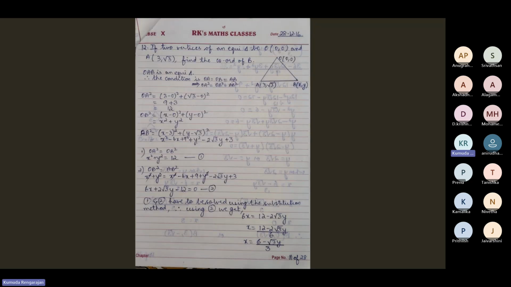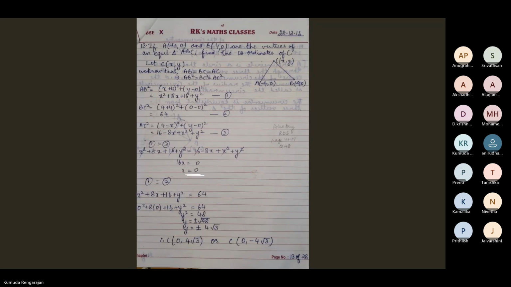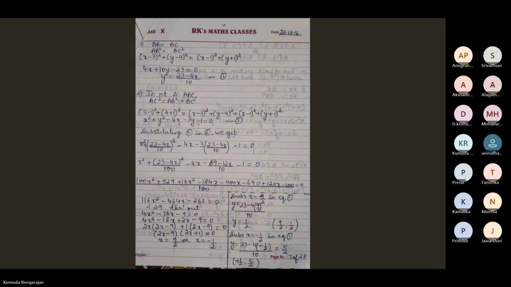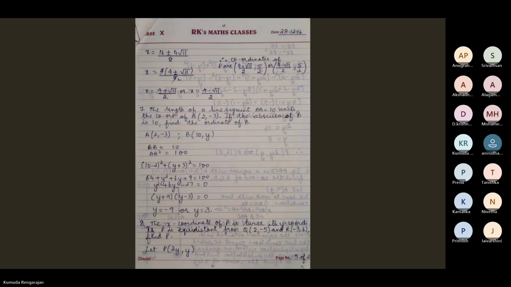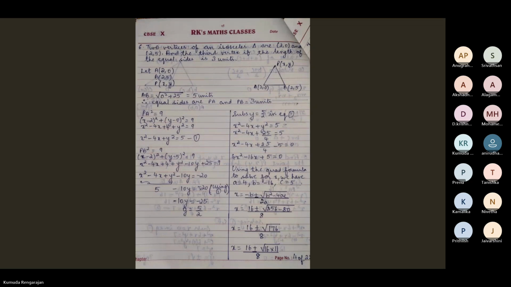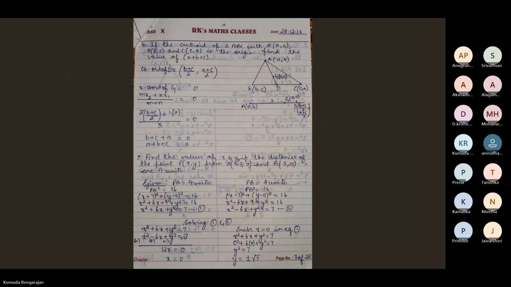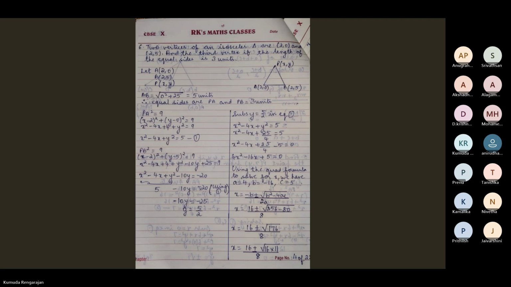I think I've finished all the types. So here in this question, two vertices of an isosceles triangle are (2, 0) and (2, 5).